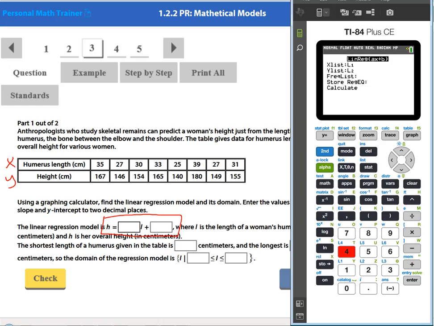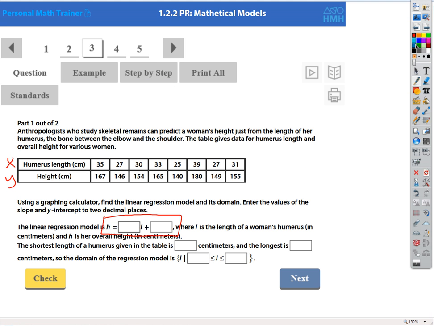If all we want is the equation, we can just go down and hit calculate and it's going to spit it out for us. So what does this mean then? The calculator is telling me that the model of the form y equals ax plus b is this. These are the values of a and b that I plug in. Now that's not exactly the way that we want it written for our problem.